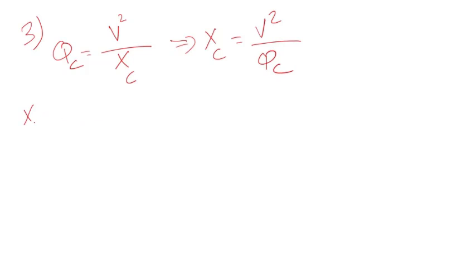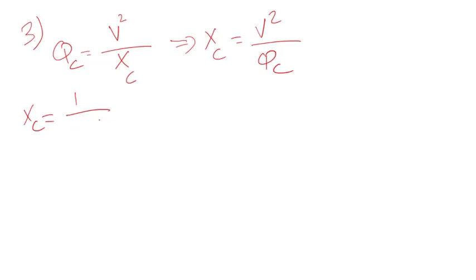And what is XC, the reactance of the capacitor bank? I'm just going to take the magnitude. It's basically negative, but capacitance we know is positive, so I'm just going to ignore the negative sign.